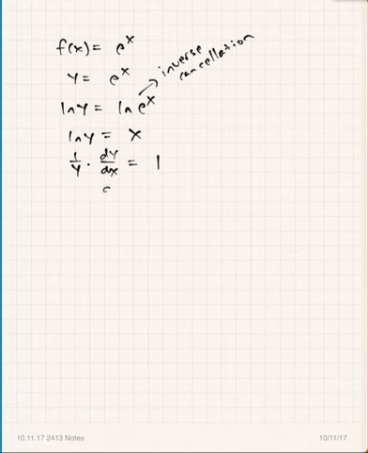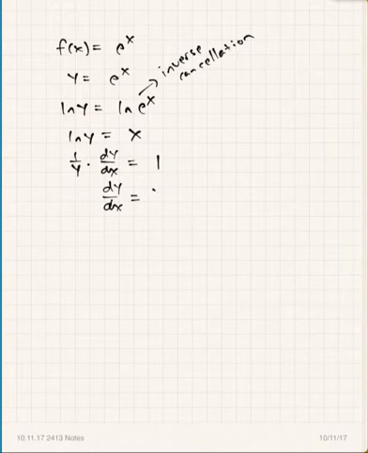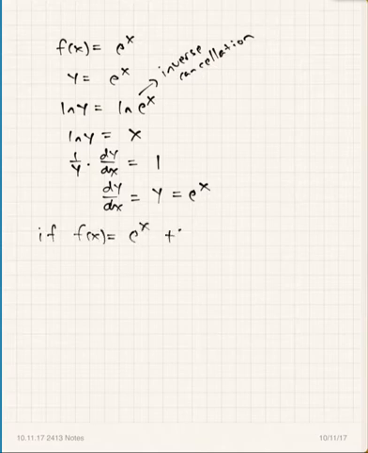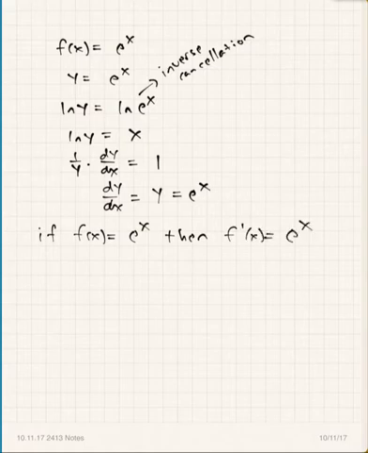So you multiply both sides by y, and something kind of crazy happens. You get dy dx is equal to y, but y is equal to e to the x. And so notice what we've just done is we've derived the idea that if f of x is equal to e to the x, then f prime of x is equal to e to the x. It's its own derivative.